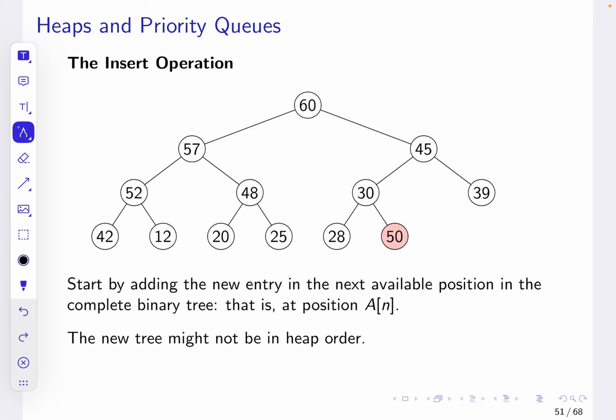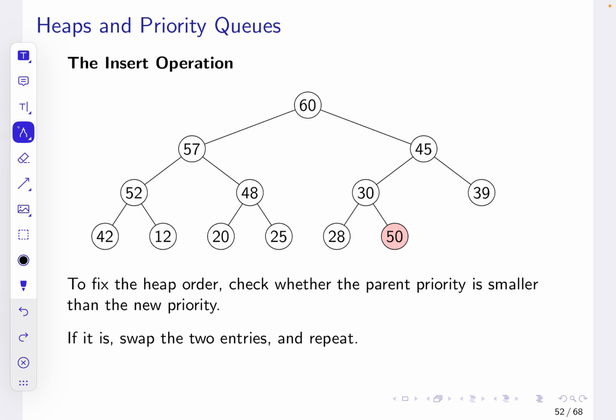So we need to do some fixing up on the tree to make it so the resulting heap is in heap order. We do this using a kind of sort of recursive operation. It's not really recursive, it just goes up the tree. You start at the node you just inserted.